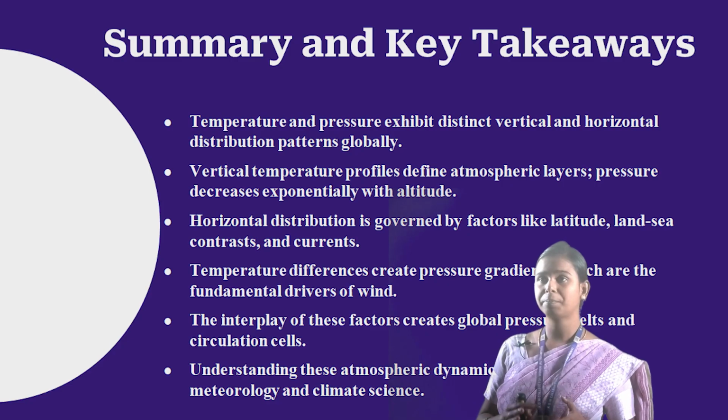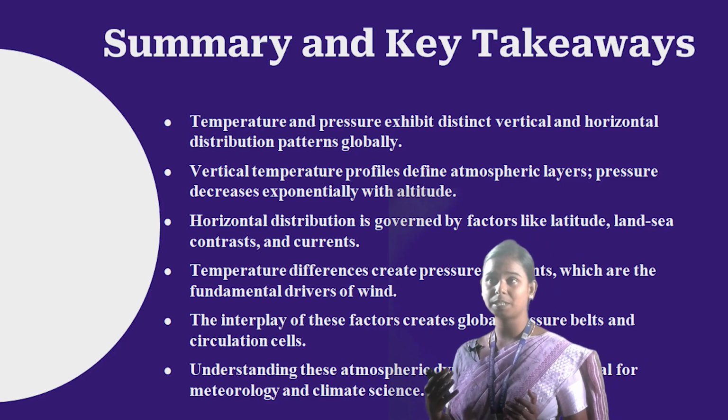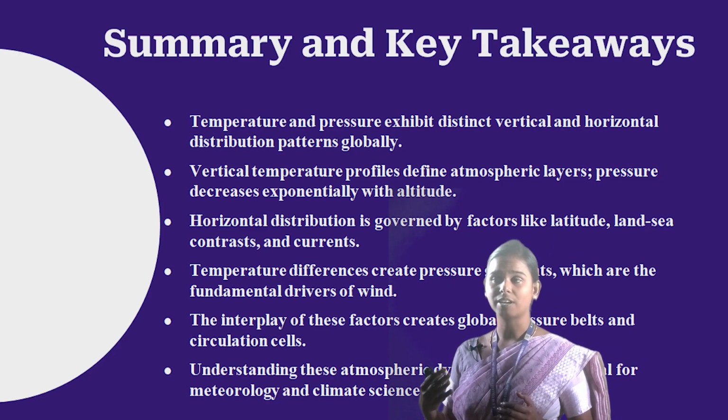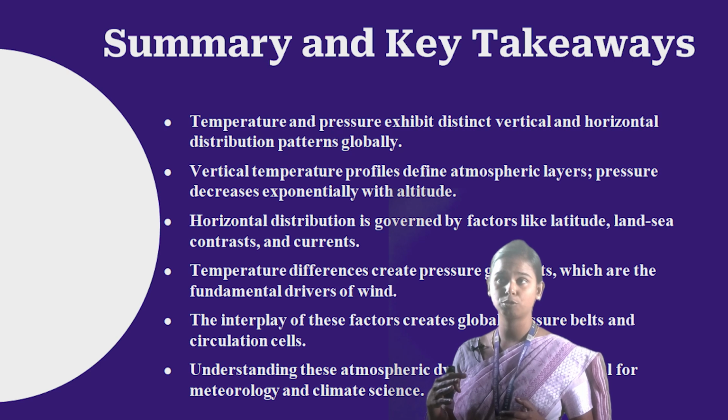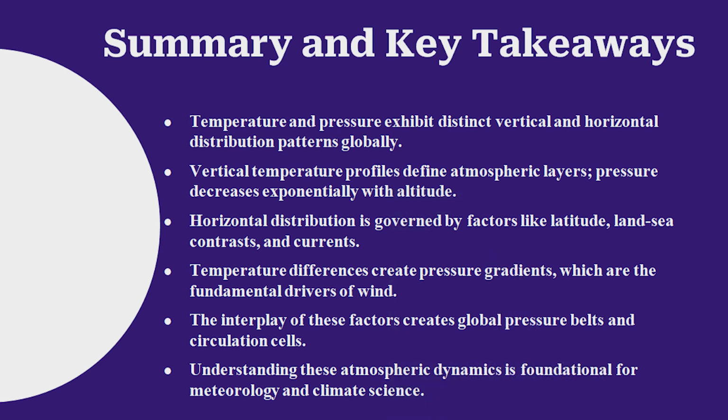Conclusion. Temperature and pressure exhibit distinct vertical and horizontal distribution patterns globally. The vertical temperature profiles define atmospheric layers. Pressure decreases exponentially with altitude. Horizontal distribution is governed by factors like latitude, land-sea contrast, and currents.